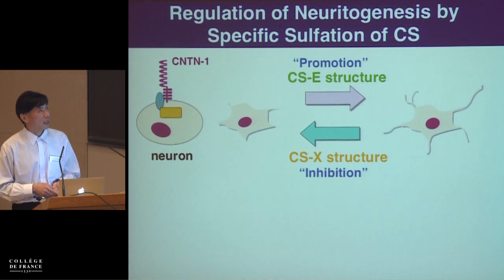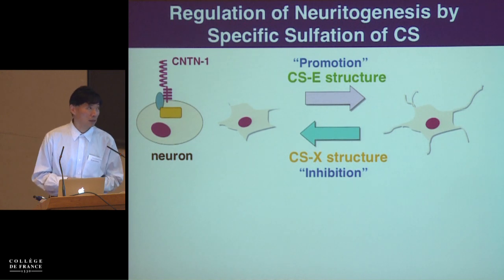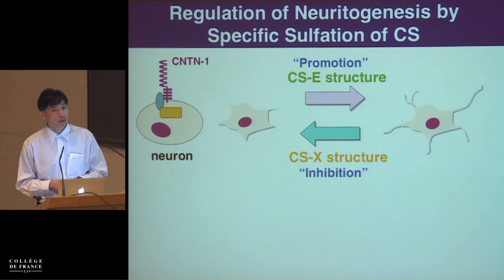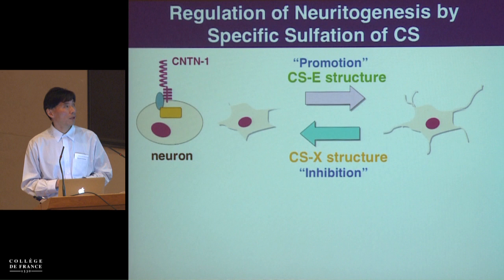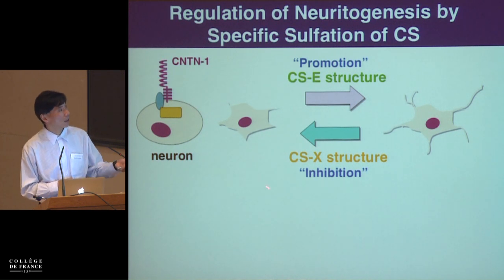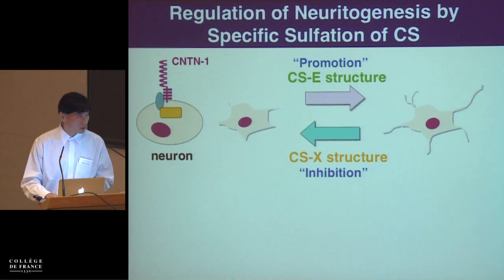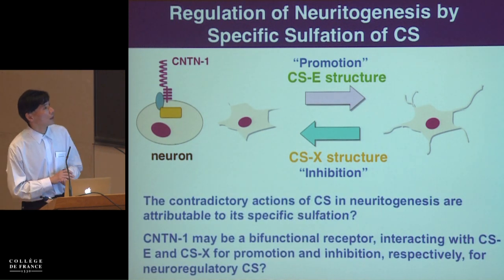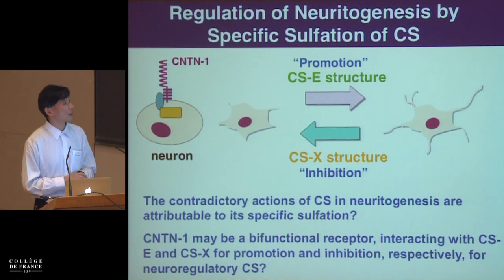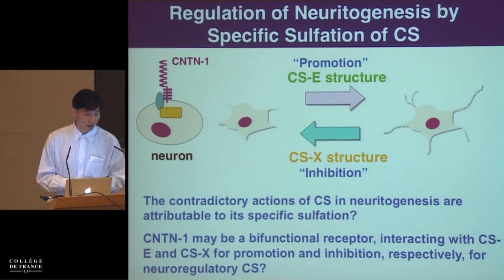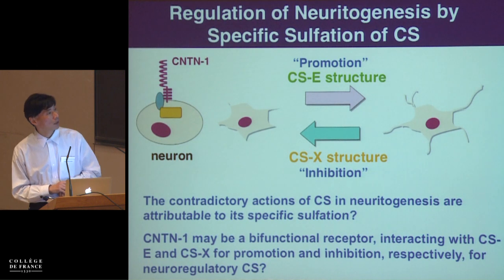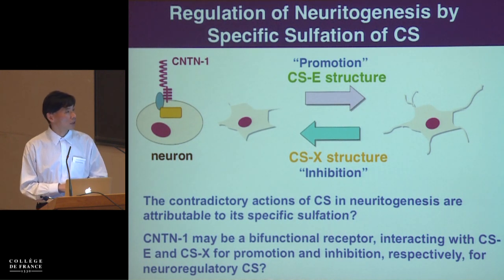On the other hand, as I mentioned at the beginning of my talk, chondroitin sulfate is also reported to inhibit neurite outgrowth. Therefore, we suspect that the apparent contradictory actions of chondroitin sulfate in neurogenesis are attributable to its specific sulfation.